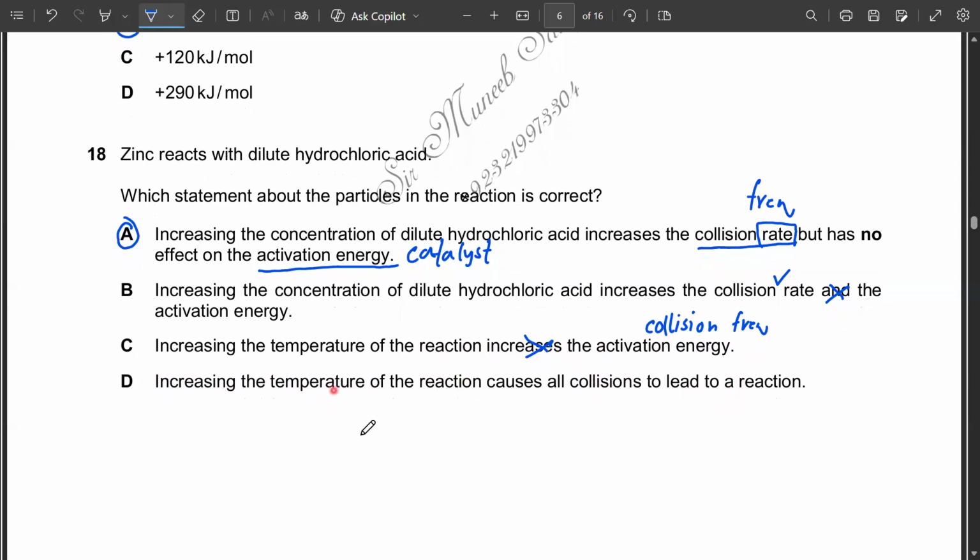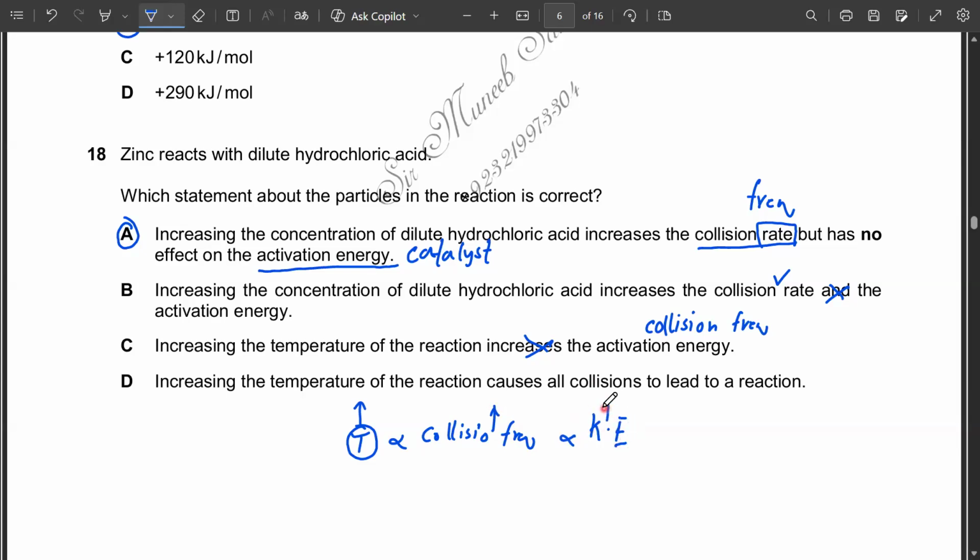We remember that an increase in temperature increases the collision frequency, and it also increases the kinetic energy of the particles.